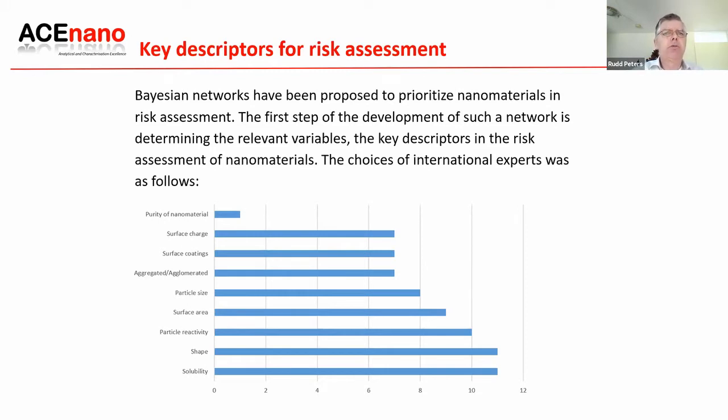And what we did, we only chose those key descriptors that were nominated by 7 or more experts for the development of the nano method decision tool. And you can see them here. The 8 selected key descriptors are solubility, shape, particle reactivity, surface area, particle size, aggregation, surface coating, and surface charge.